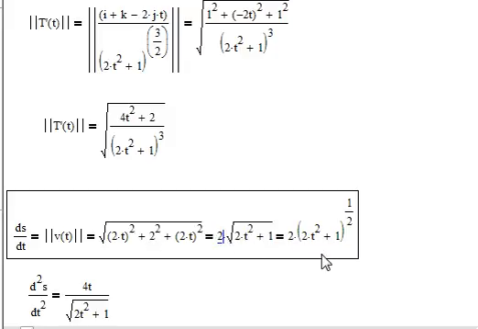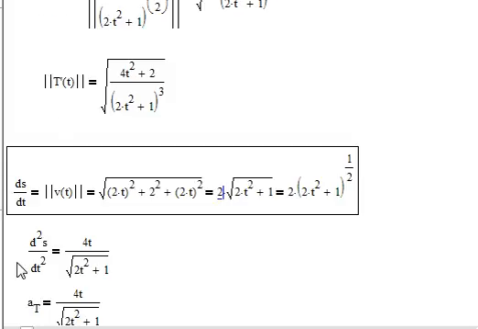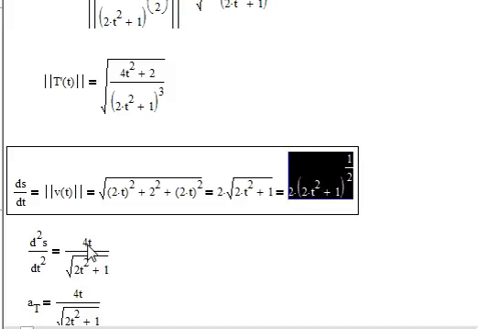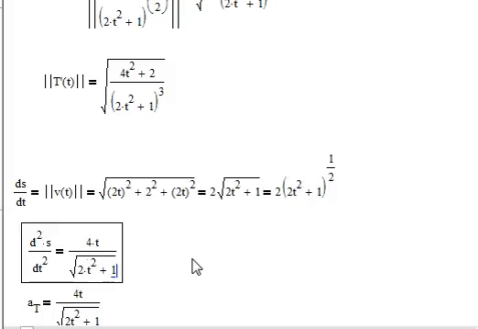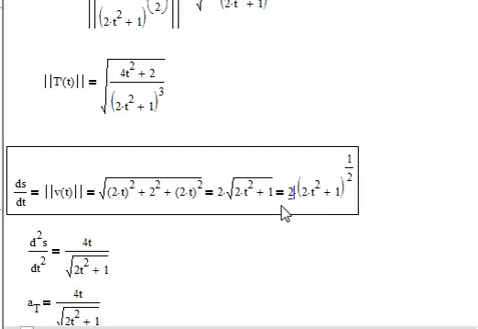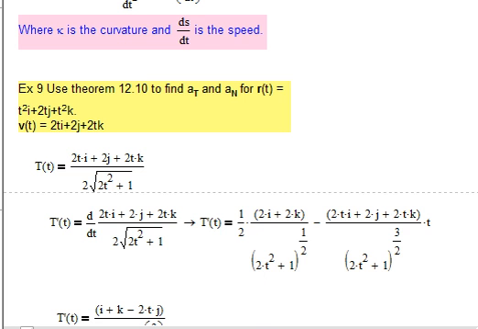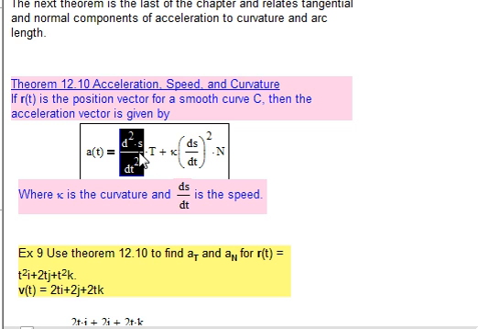Factor out the 2, and you should be able to follow that all right. Then the second derivative, take the derivative of this function, we multiply by 1/2, and then we subtract 1, and then we multiply by the inside function's derivative, which is 4t. You probably can see where that came from pretty easily. The 1/2 cancels out the 2 that was here. And so our tangential component of the acceleration vector from this nice theorem, there it is.